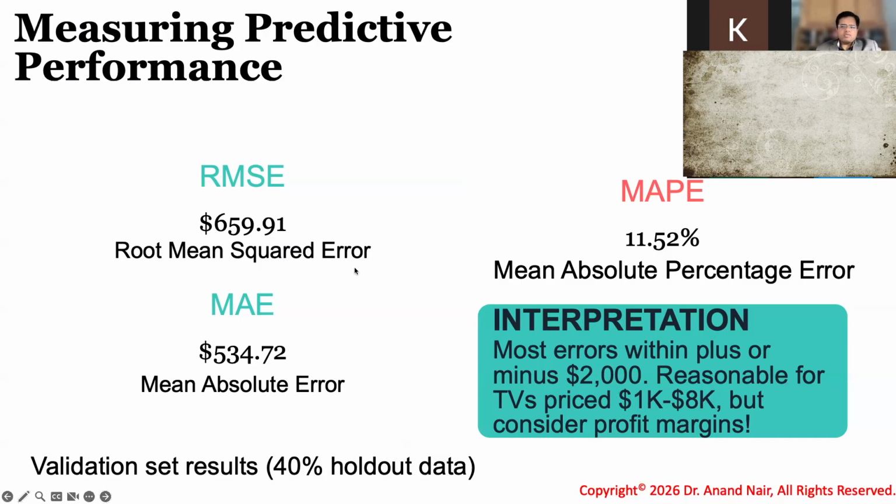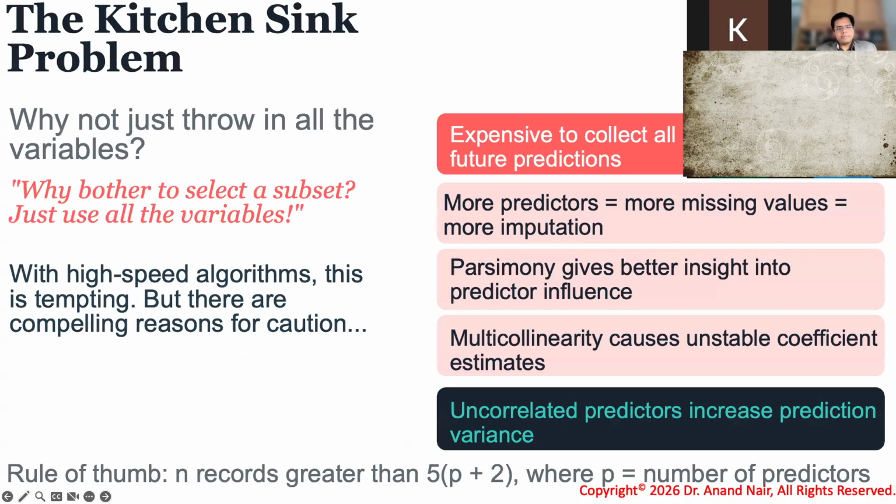Most errors fall within plus or minus $2,000 in the data set when we see that. And for business decisions, we typically need to weigh the prediction error against the cost of being wrong. Right? So that error that we see versus cost of being wrong, which is how much we'll lose because of that, comparison of that trade-off is important.